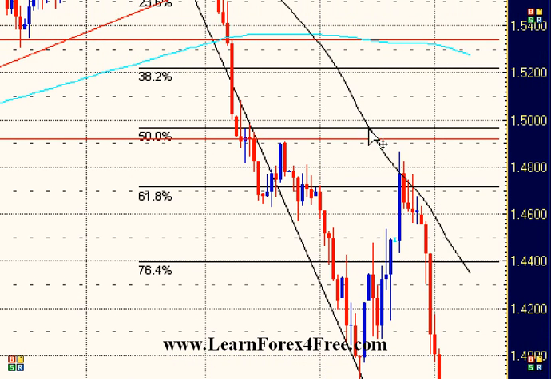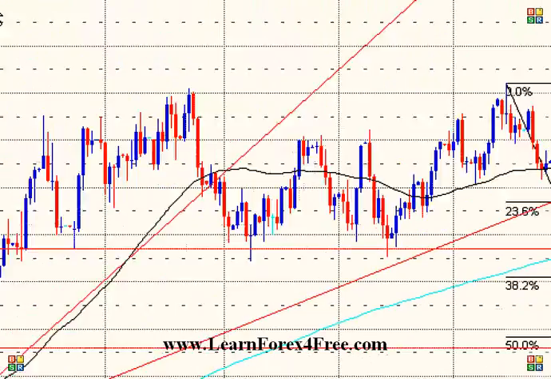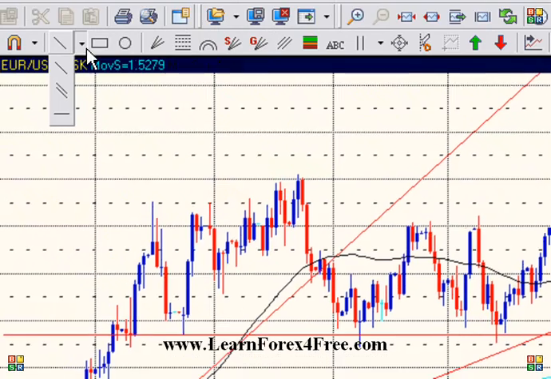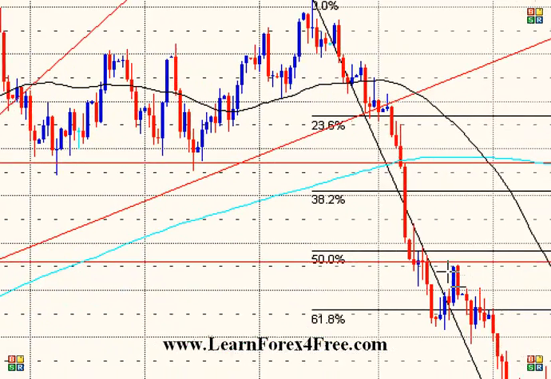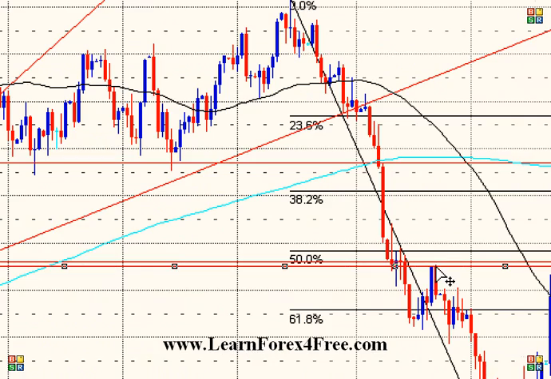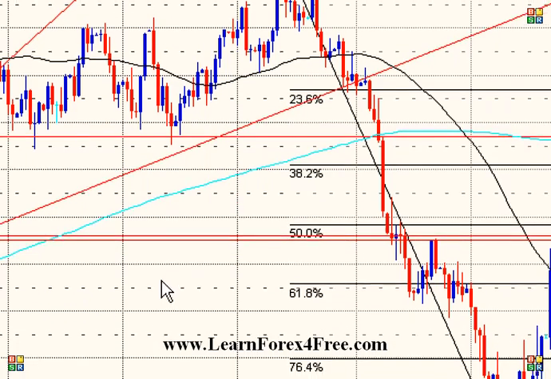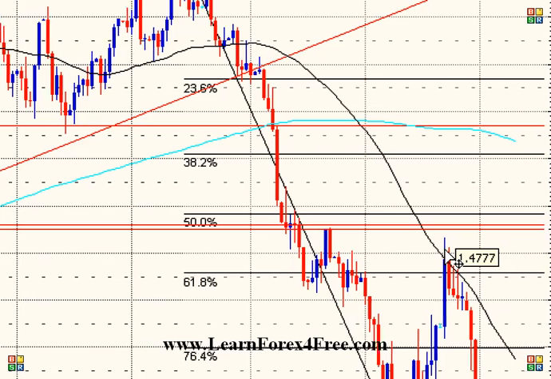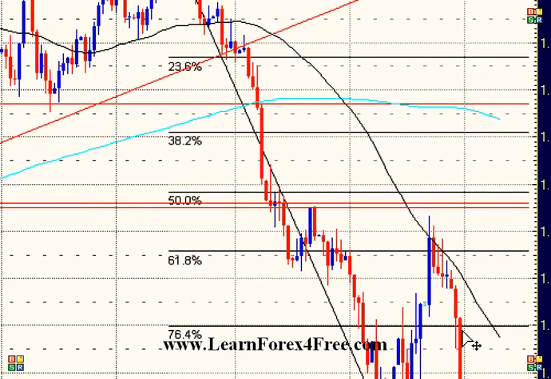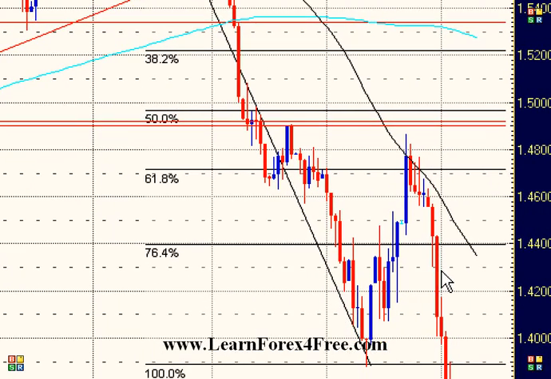There was some action going on around the 50% mark, and I had drawn an upper resistance line right around here, and I had said we need to be careful. There'll be some hesitation in price, possible reversal, and that is exactly what has happened, as you can see.